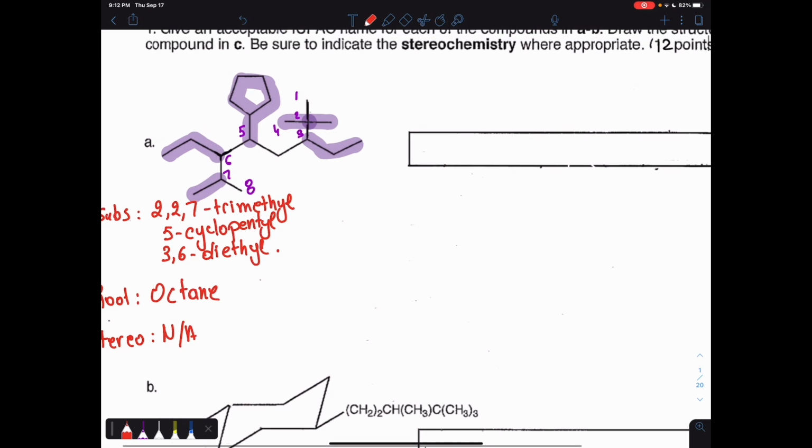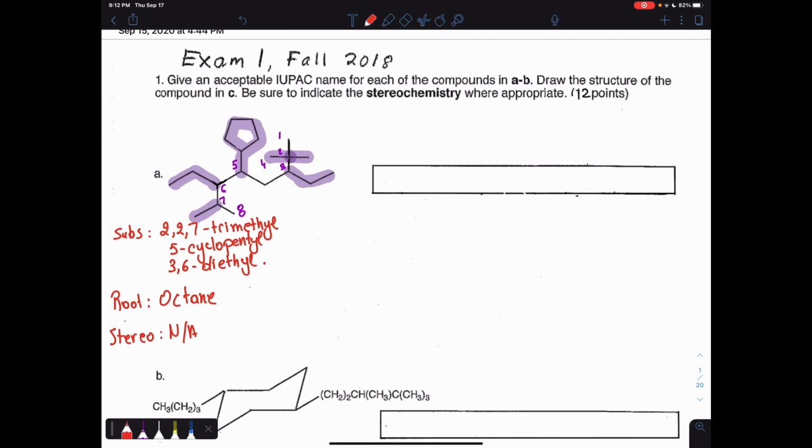Now, when I want to put the name together to form the final name of the molecule, what you have to consider is always putting it in alphabetical order. What I mean by that is, for instance, the M and the E, which one would win? The ethyl, because E is alphabetically before the M. Now, there are a couple of exceptions we have to discuss. When you have something like trimethyl or dimethyl, the T and the D don't count toward alphabetical order.